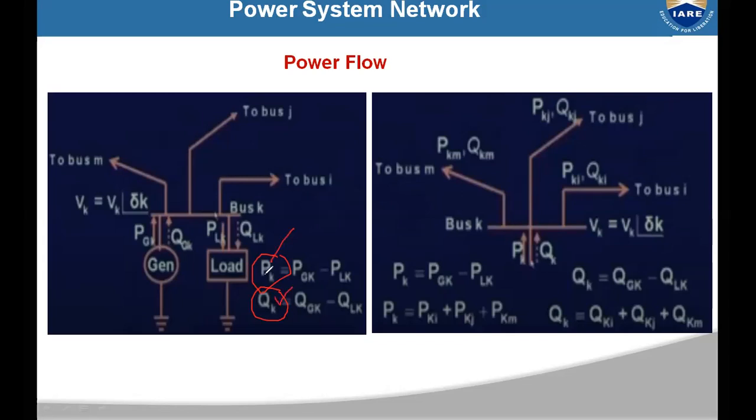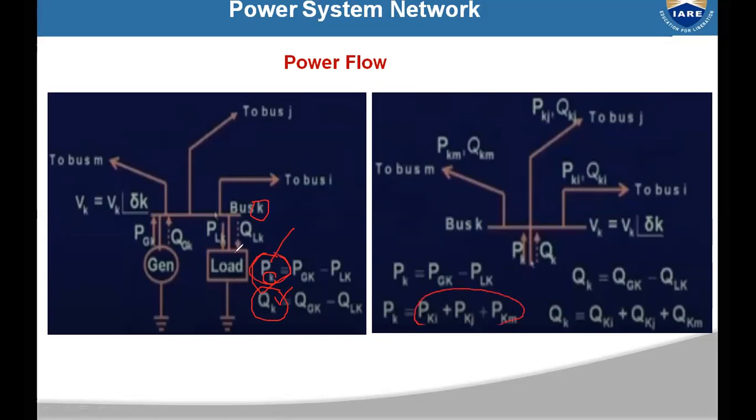So K represents the particular bus number. So if it is the ith bus, you may represent it as PI, QI. Okay, right? So this injected power is equal to the sum of all the active powers which are connected to that bus.